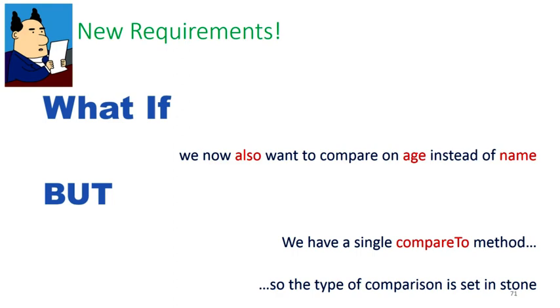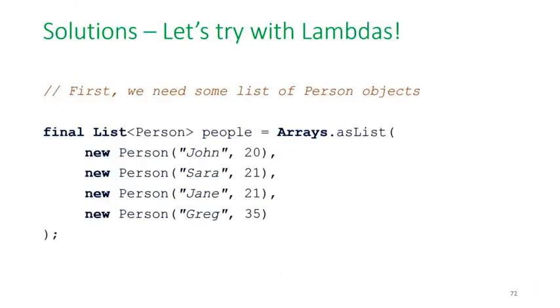When we hit that new requirement, what we had to do is switch from implementing the Comparable interface to using Comparator objects, so we could pass those Comparator objects to the static sort method of the Java collections framework and have it sort our list of persons with different criteria. We're going to do something similar here, but we are going to use, of course, lambda.